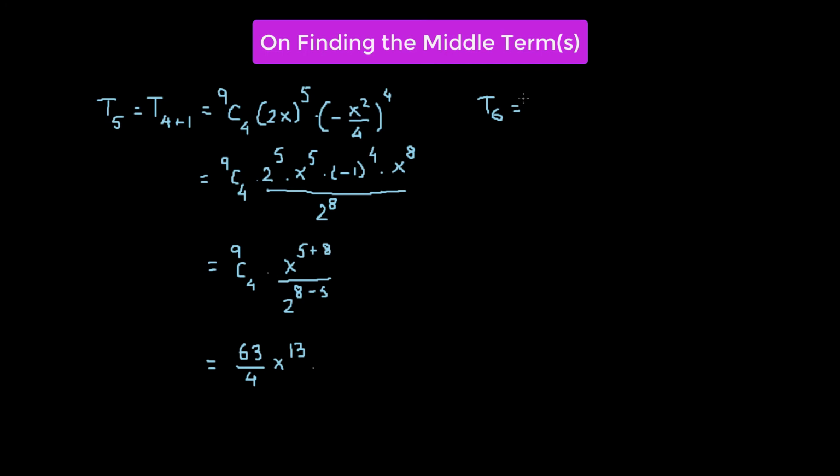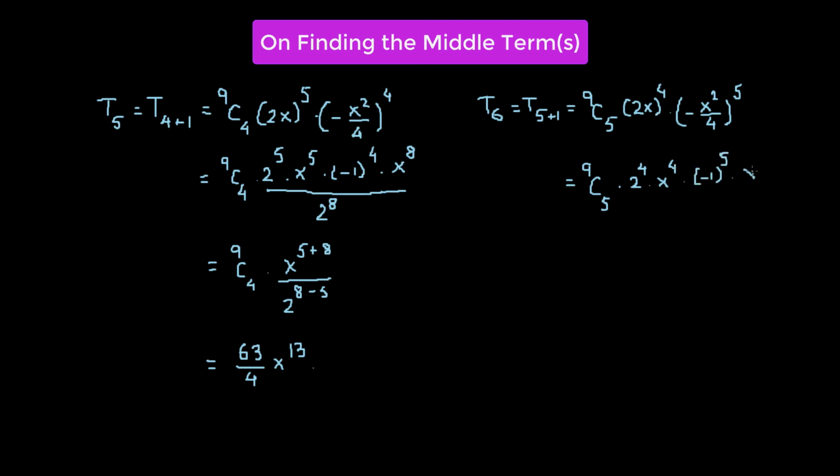So t6 is going to be equal to t5 plus 1, which is equal to 9C5, the first term, 2x raised to the power of 9 minus 5, which is 4, times (negative x squared over 4) raised to the power of 5, which is equal to 9C5 times 2 raised to the power of 4 times x raised to the power of 4 times negative 1 raised to the power of 5 times x squared raised to the power of 5 will be x raised to the power of 2 times 5, which is 10, divided by 4 raised to the power of 5.